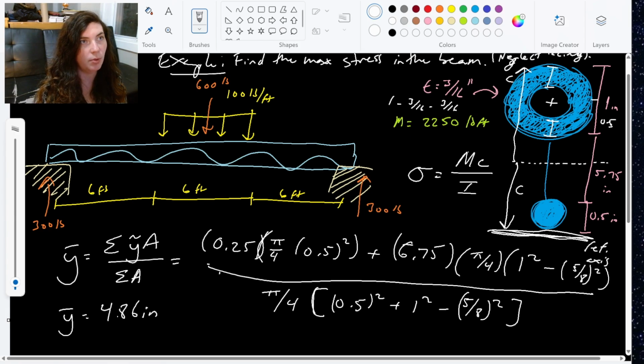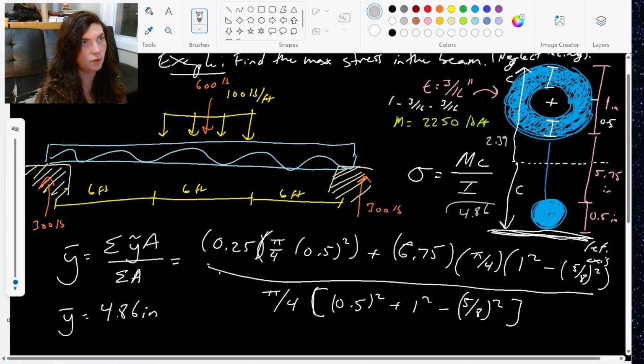So out to the bottom, this value is 4.86. And out to the top, this full length here is 7.25. So it'd be 7.25 minus 4.86 would give us this value of 2.39 inches to the top.